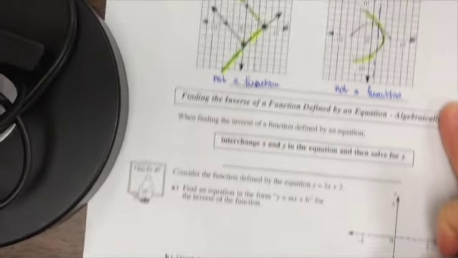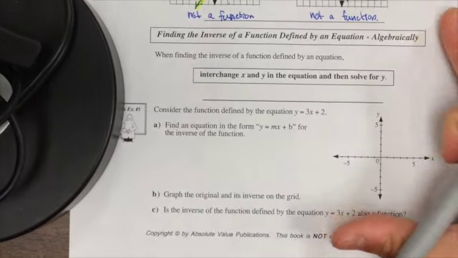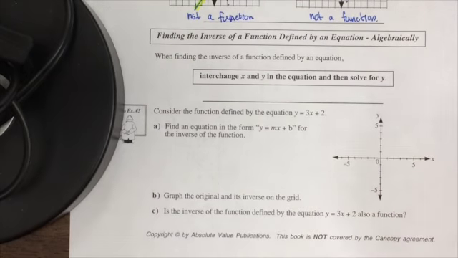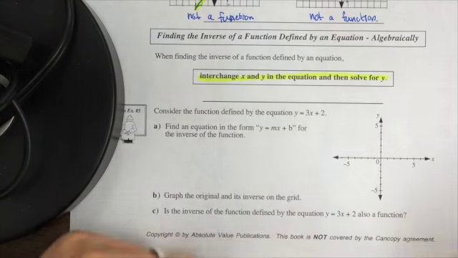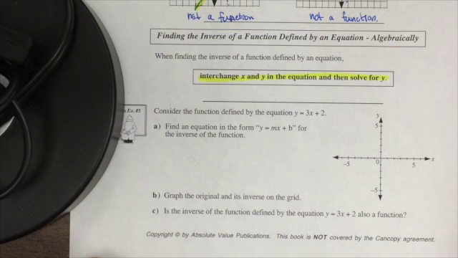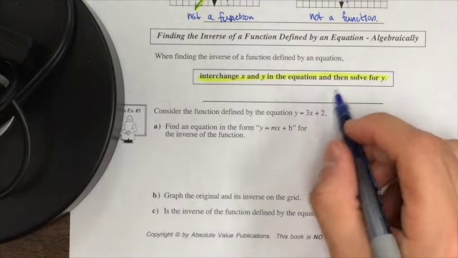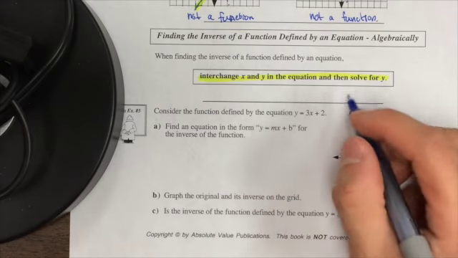And finally, let's look at example 5. When finding the inverse of a function, all we were doing with our equation before was interchanging our x and y values. Now, if we're given an equation, to find the inverse of that equation, we do the same thing and flip our x and y values.